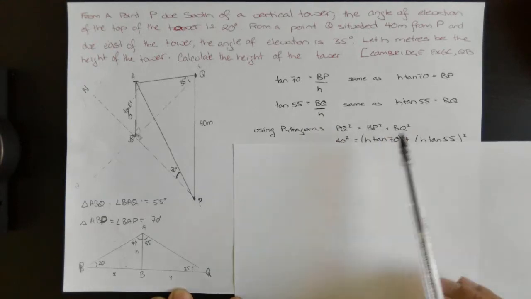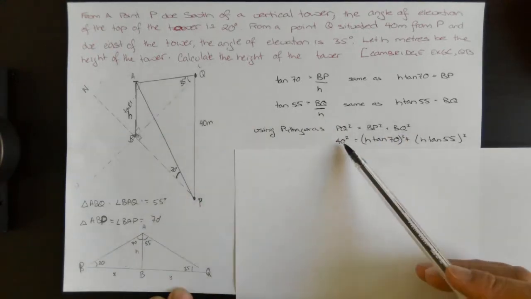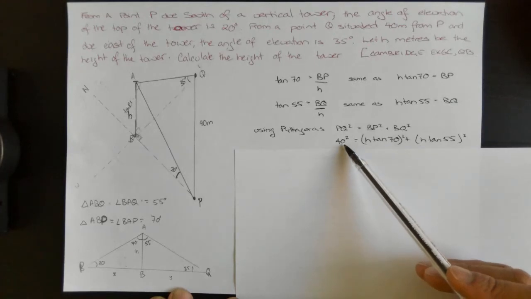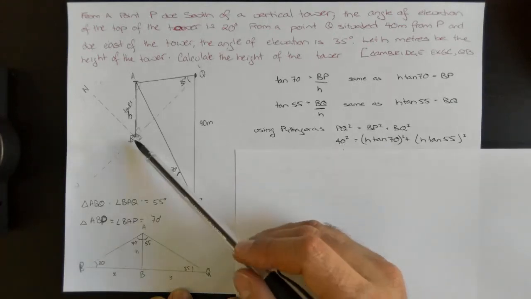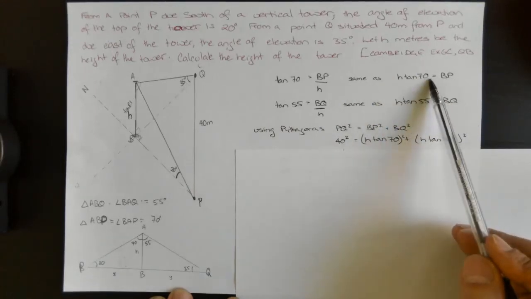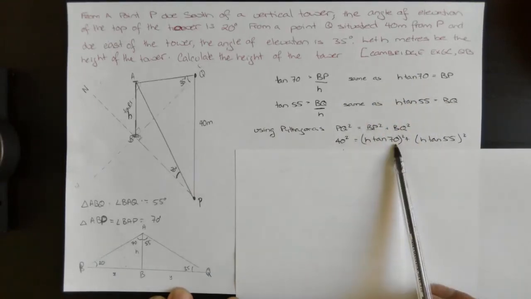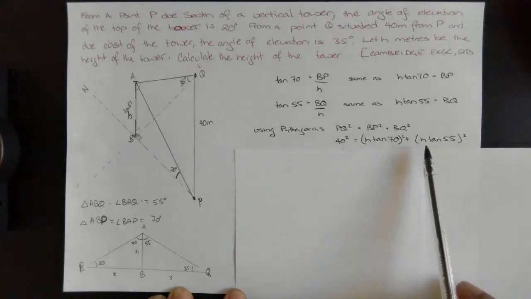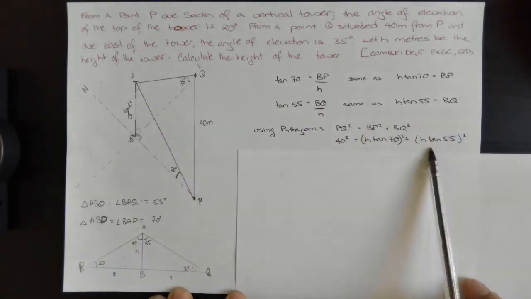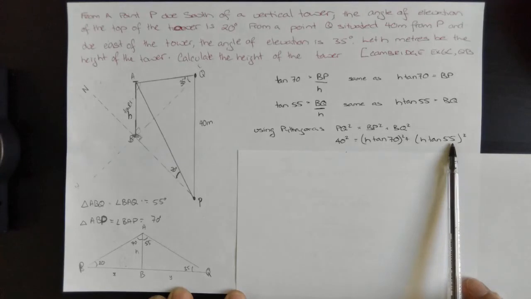We know that PQ was 40, so 40 squared equals BP, which we've written as H tan 70, all squared, plus BQ, which is H tan 55, all squared.